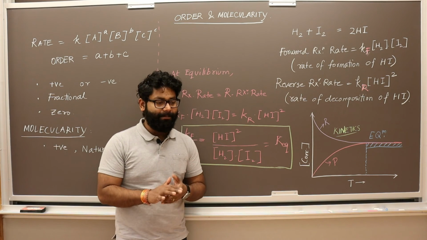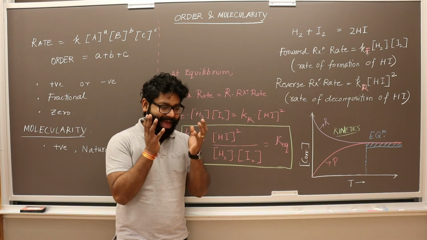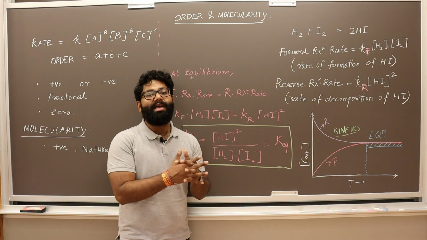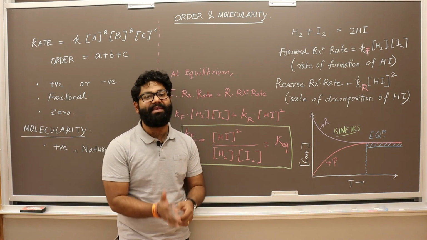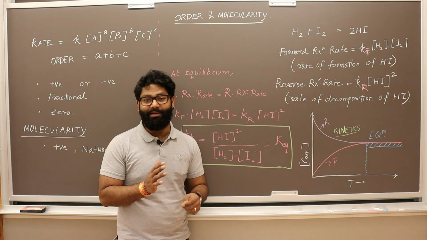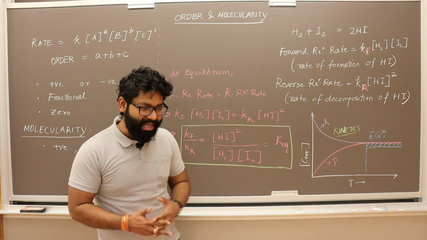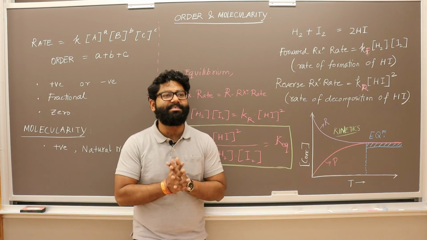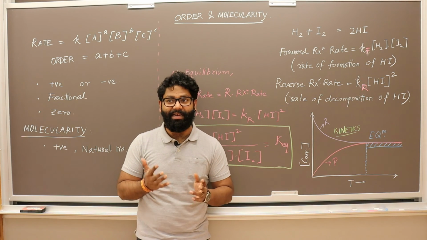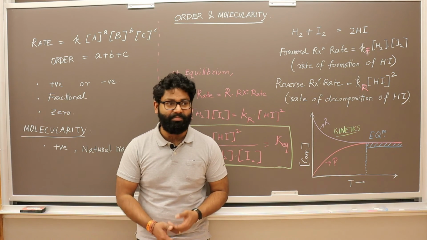On the flip side, if you have a static system, it does not necessarily mean that the reaction is at equilibrium, right? If you have a system and the concentrations of none of the things are changing, that doesn't mean that these things are in equilibrium. This could just mean that they are not reacting.